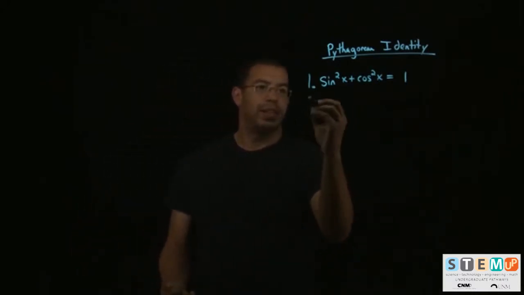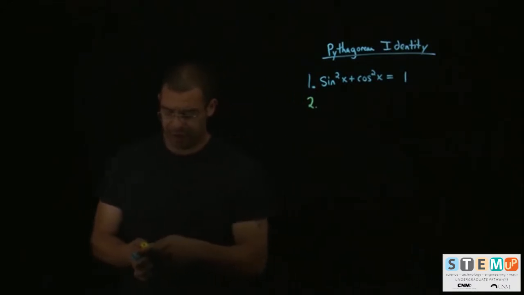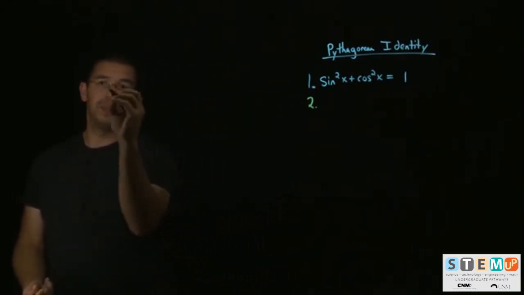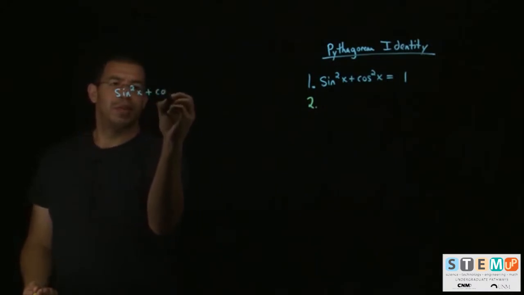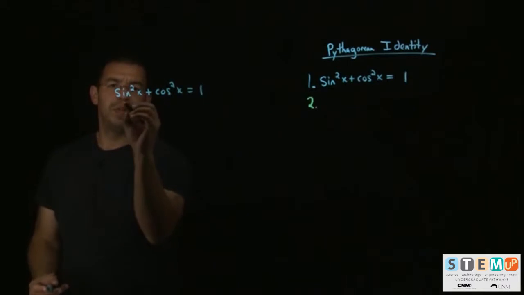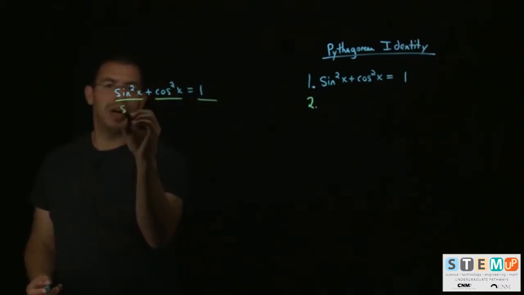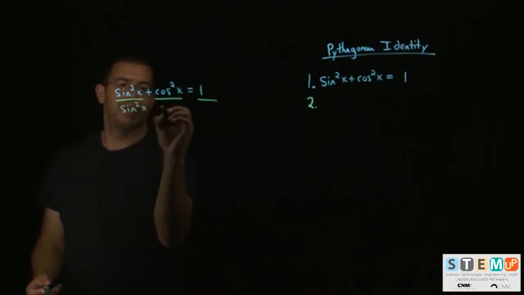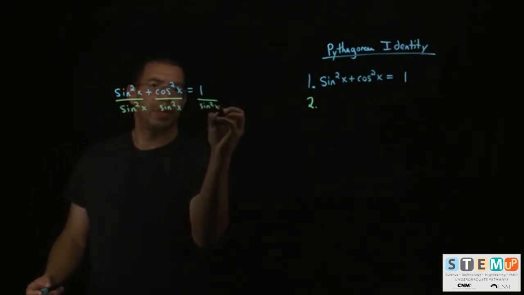So how do I get the second one? All I do for the second one is I remember the first one. So the first one is sine squared plus cosine squared x is equal to 1. And if we divide everything by sine squared, what do I have?